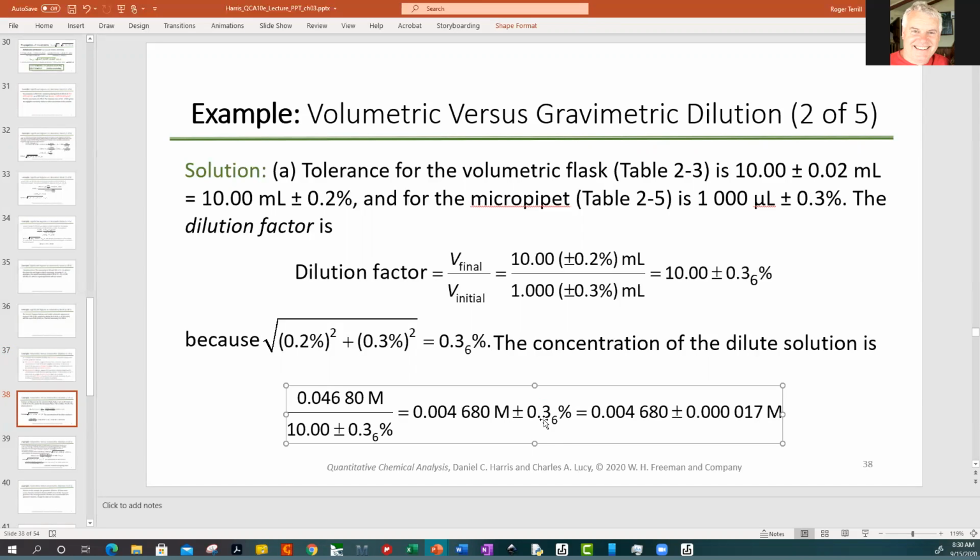Basically there are two steps in this last transformation. You divide this value by 100, you multiply it through, and then you take that value and add it as a plus or minus here. It's kind of like changing the unit from percent of molarity to molarity.